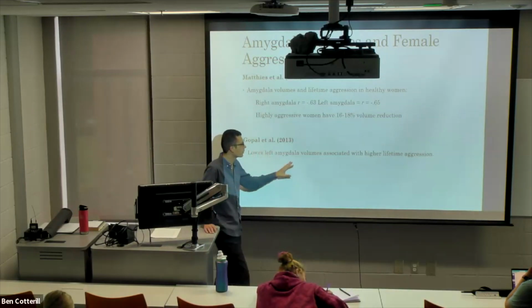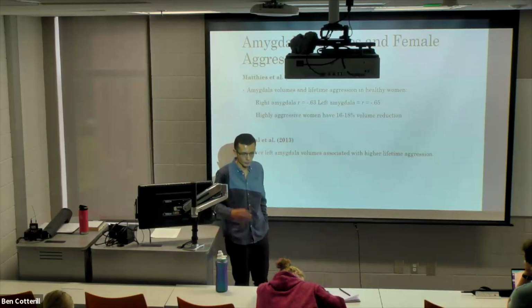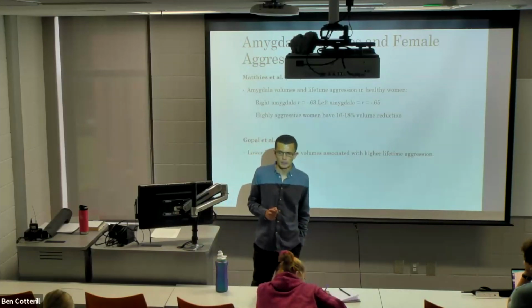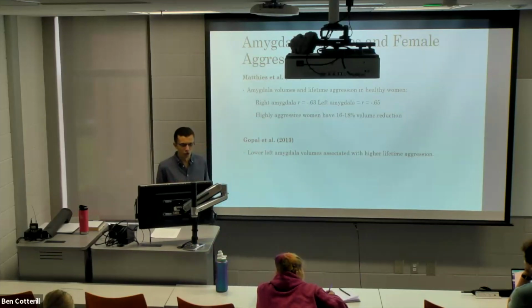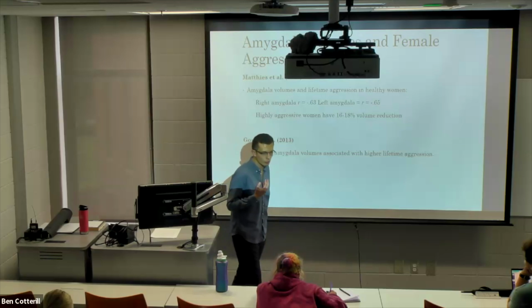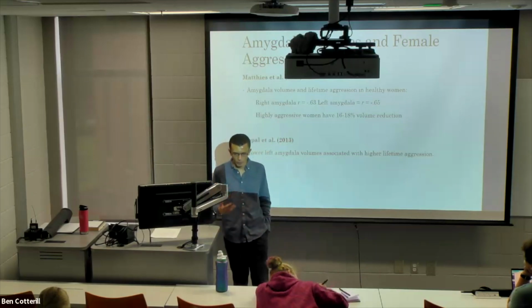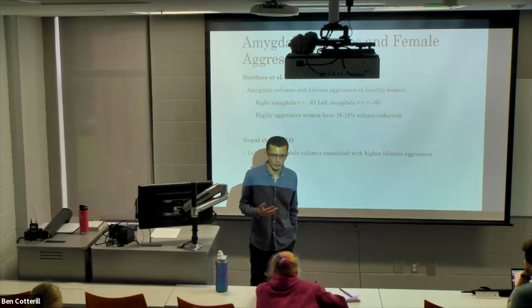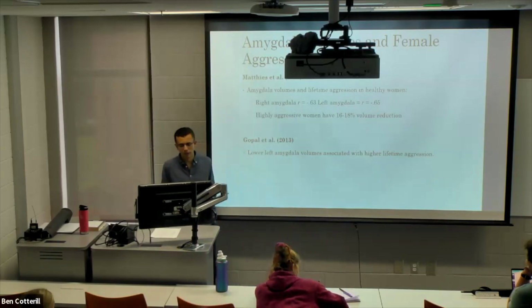Lower left amygdala, in another study, was also associated with greater likelihood of lifelong aggression. Okay. So a number of sources telling us that structural impairments of the amygdala are connected to psychopathy especially, but aggressive behavior more broadly. And again, I'm going to talk about functional evidence on Tuesday.